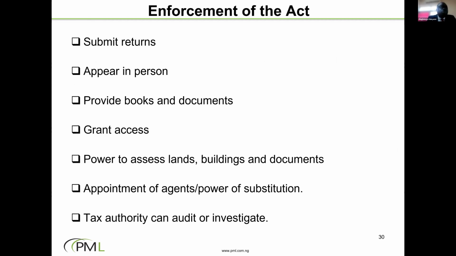And if the tax authority is not comfortable with what you have submitted, if they feel that what you have submitted is less than what you ought to report based on the intelligence reports that they will get from all the systems, they can ask you to appear in person.